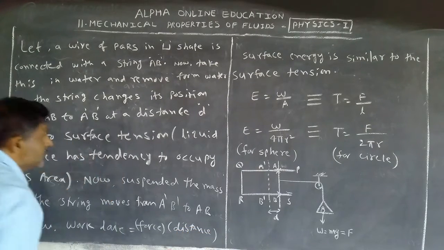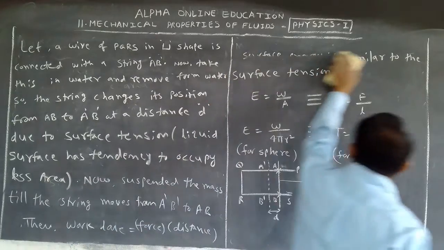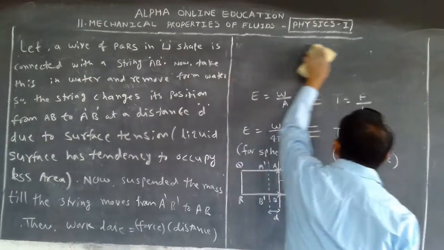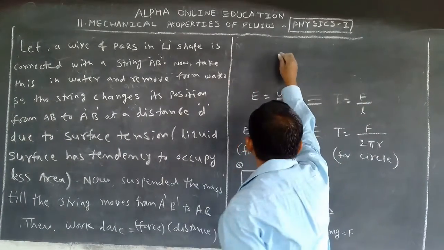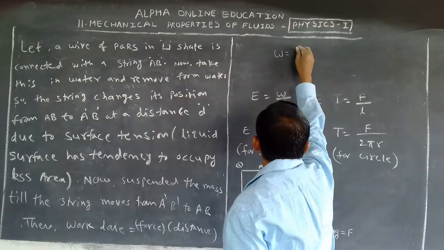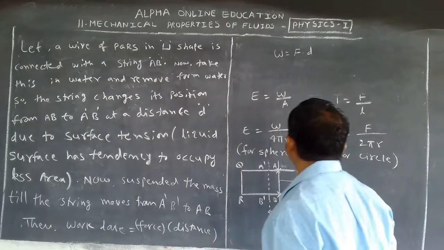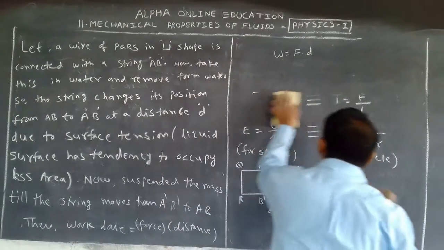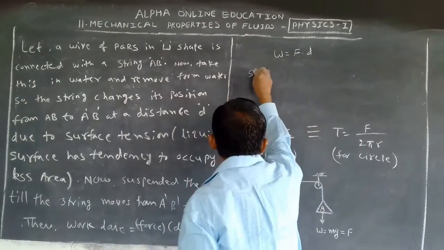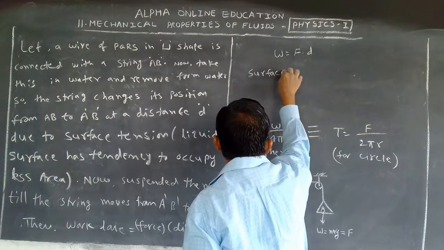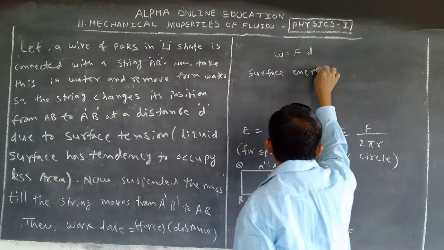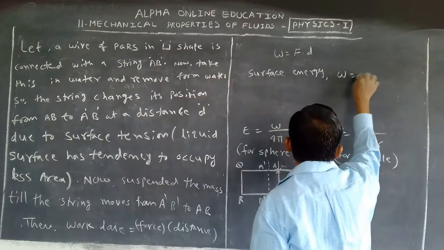So W is equal to F into d. Now surface energy: what is the principle?